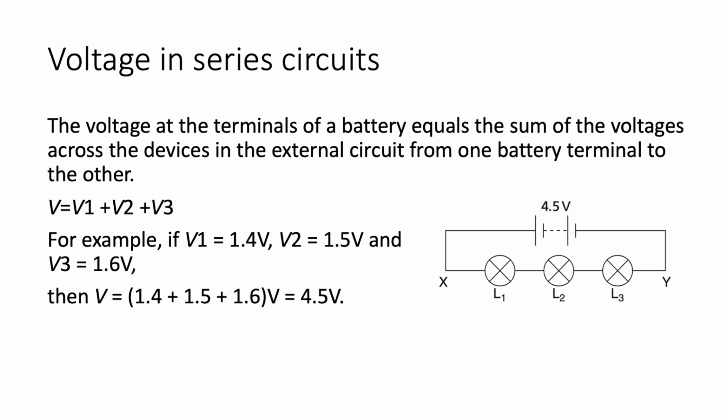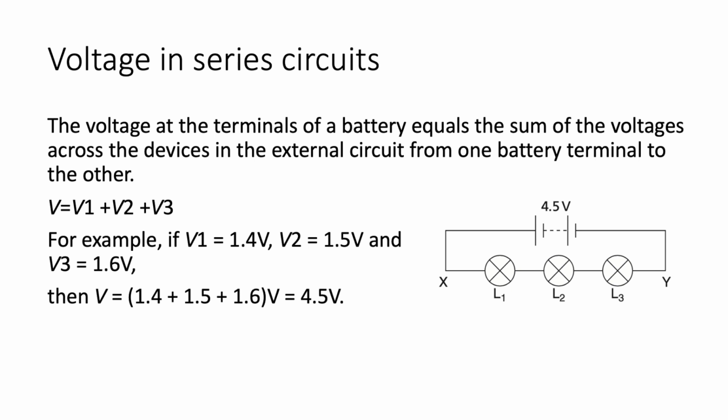Voltage in series circuit. Here you can see a cell connected to 3 lamps L1, L2 and L3. The voltage at the terminals of a battery equals the sum of the voltages across the devices in the external circuit from one battery terminal to the other.